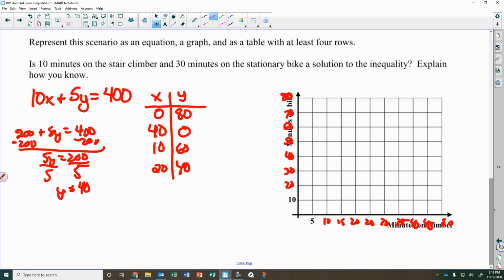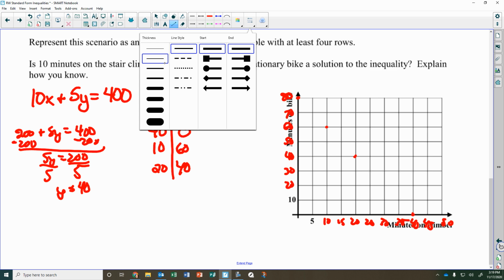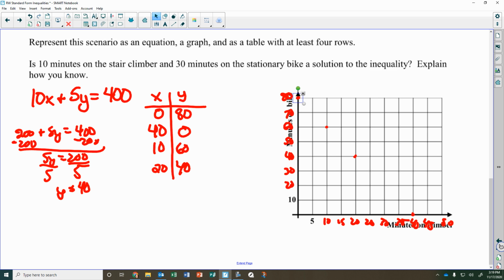So if we have 0, 80, there's one, and 40, 0, there's the other one, and then 10, 60, that's right here, and 20, 40 is right here. So I should be able to construct a line that should go through all these points. Easier said than done. There we go.